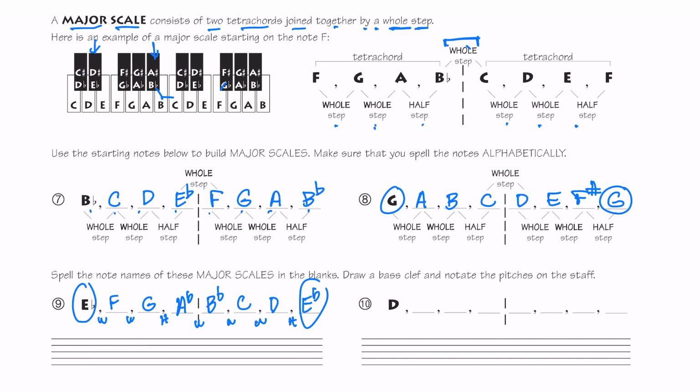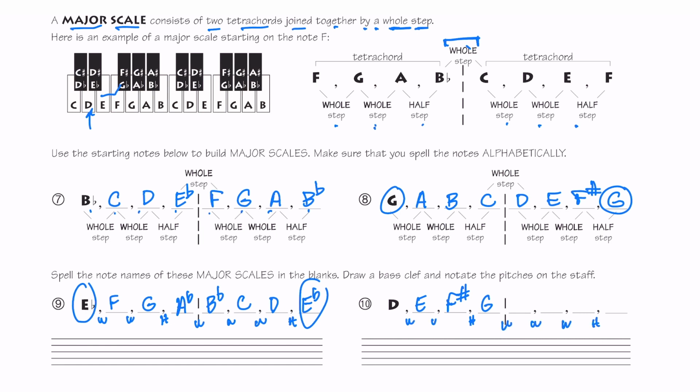All right, number 10. Let me erase all of my stuff on my keyboard. Number 10, D. So I'm thinking this D here, up a whole, E. Up a whole, remember half half is F sharp. Okay, not G flat. I have to use the letter names in order. Up a half, F sharp to G. So whole, whole, whole, half.